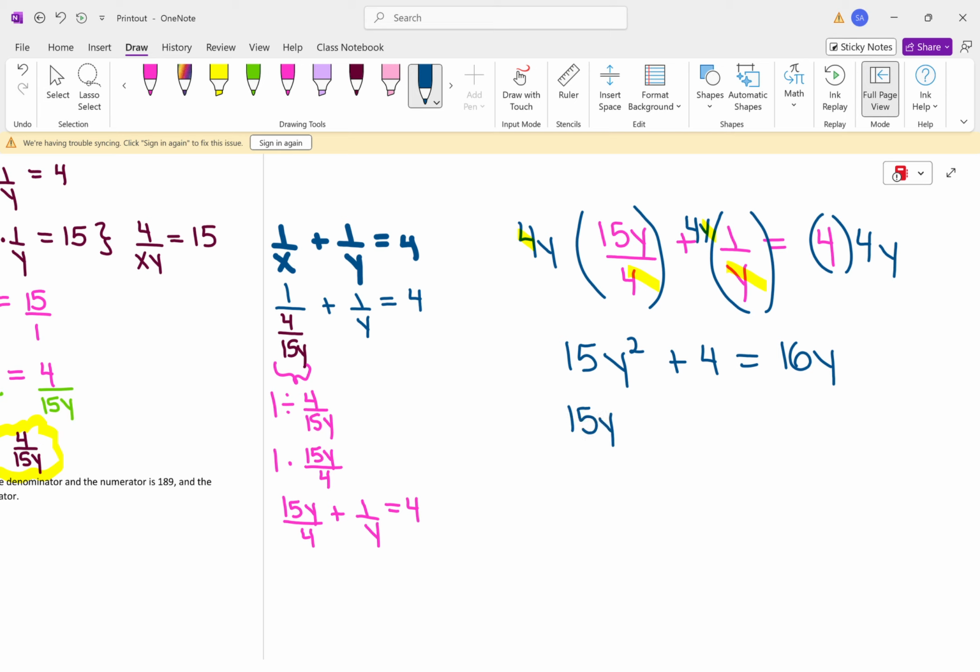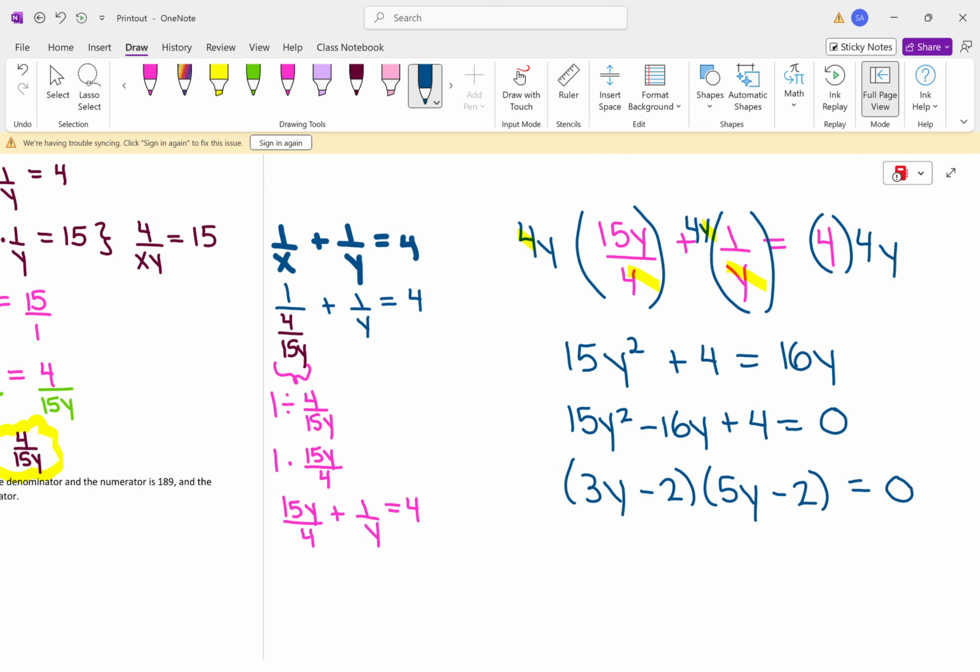So we have 15y squared minus 16y plus 4 equals 0. If we factor this, we're going to get a 3y minus 2 and a 5y minus 2. And then we solve and we get y equals 2/3 or y equals 2/5.